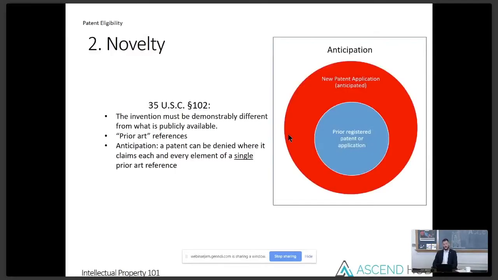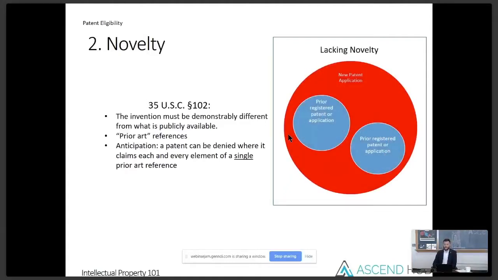And so, again, that means that one inventor already anticipated your invention and filed protection on it a long time ago. Or maybe even not a long time ago, but it could still be an anticipation of your invention if it's described in prior art. So that differs from simply lacking novelty, and lacking novelty could be any combination of prior art references.